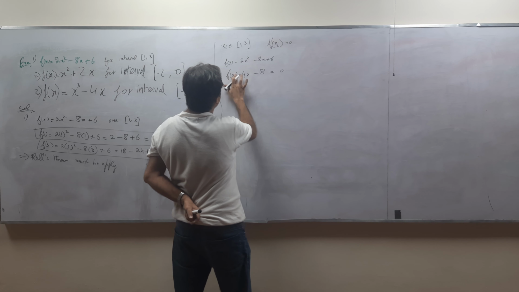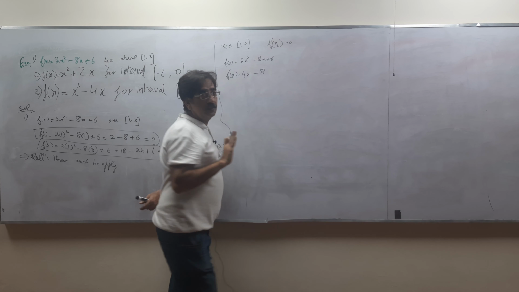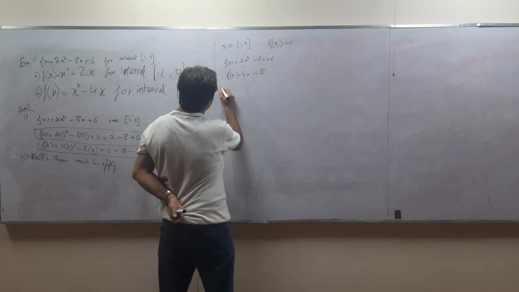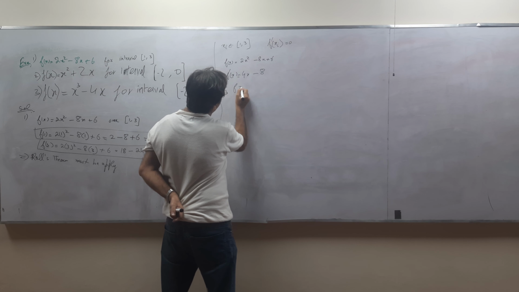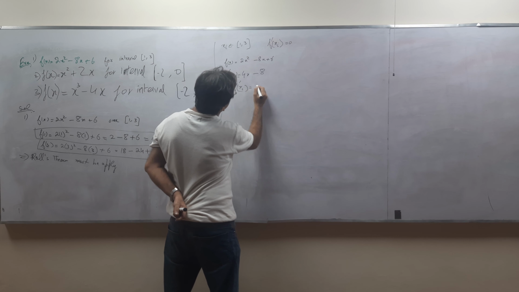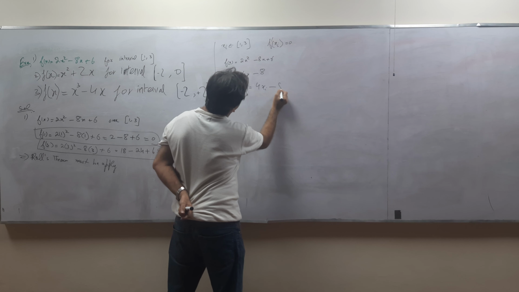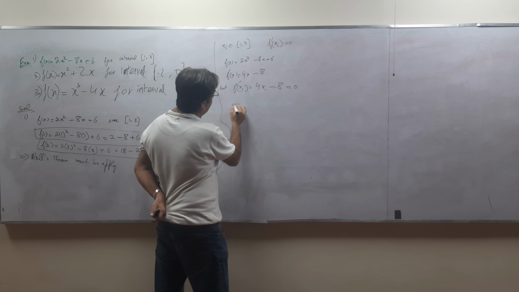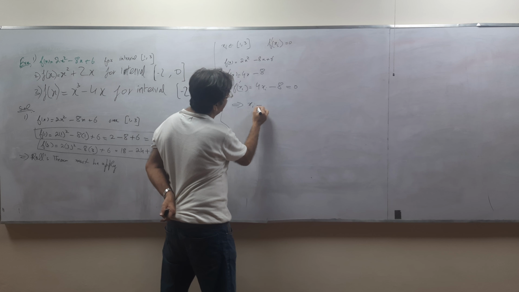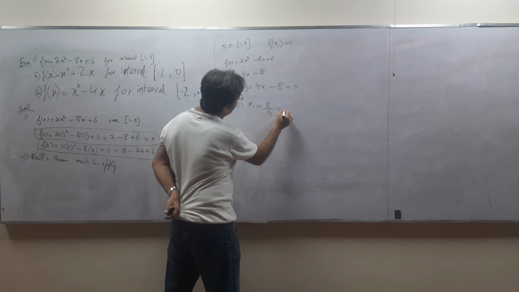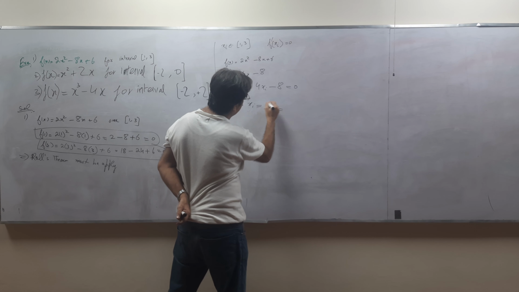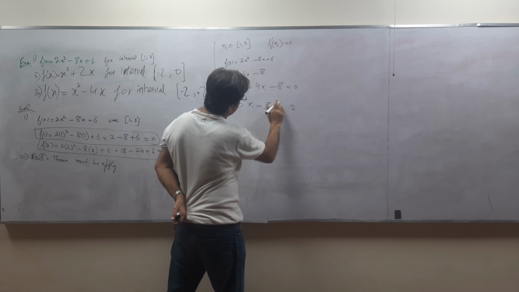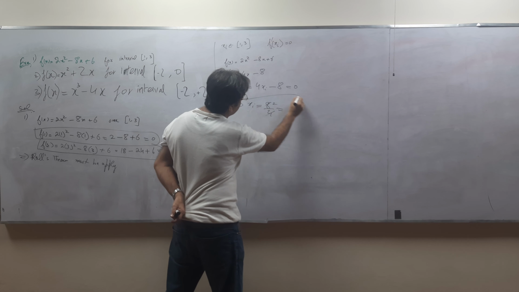Actually, firstly, this derivative is not equal to 0, but for f'(ξ), 4ξ − 8 will be 0, which implies that ξ will be equal to 8 divided by 4. That will be 2. So ξ will be 2.